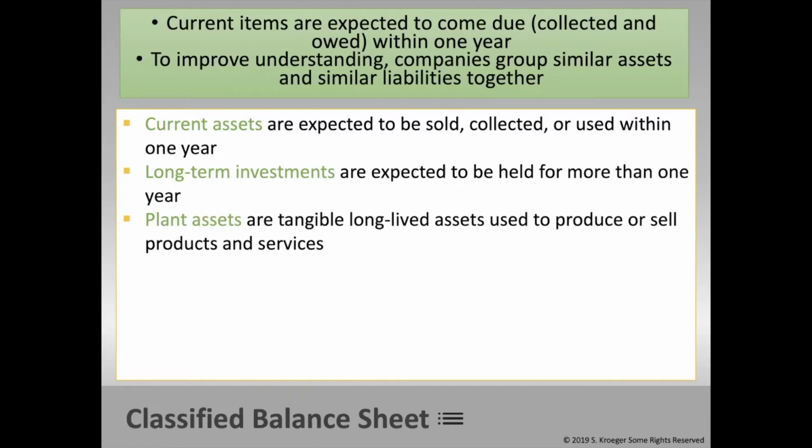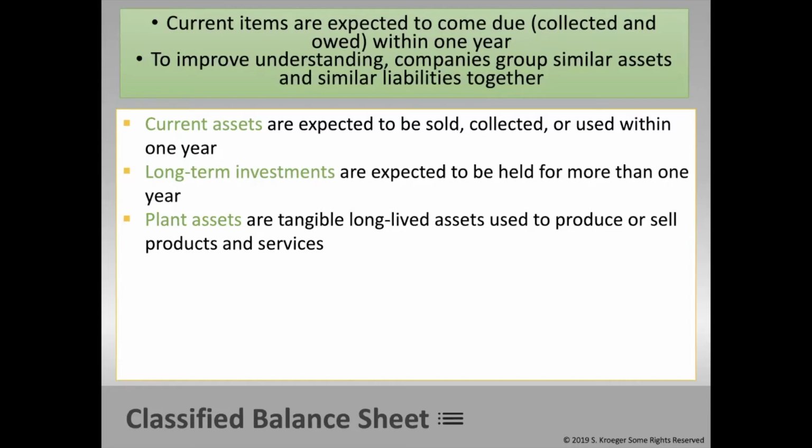Next is plant assets. This category can also be called PP&E, which stands for property, plant, and equipment. These are our tangible, long-lived assets used to produce or sell products and services. Examples would be our capital assets, such as buildings, equipment, furniture, vehicles, land, and so on.